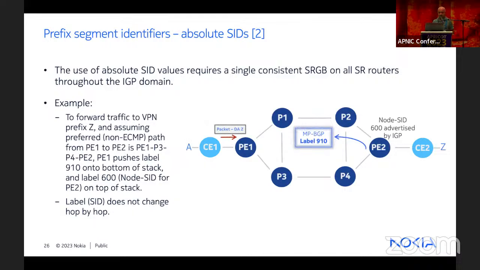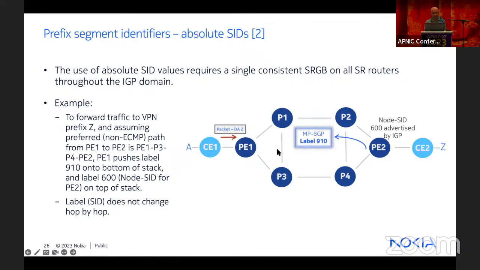A packet comes in from CE1 into PE1. The destination address of the packet is Z. Where's Z? It's here. Now, the VPN context on PE1 will have a routing table associated with it, a virtual routing and forwarding table, a VRF.